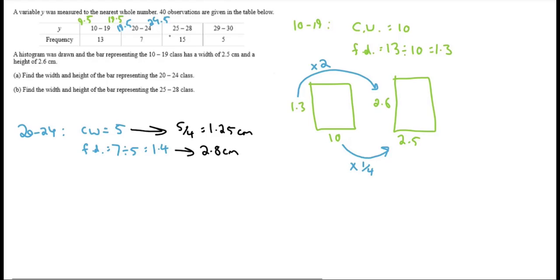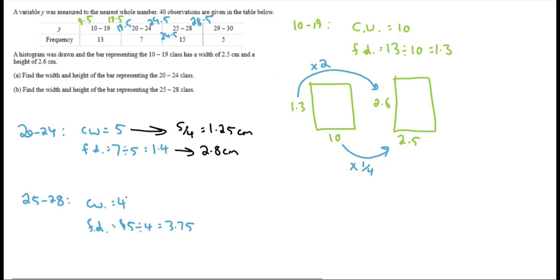As for this other one here, this would be the 24.5 up until 28.5. So for the 25 to 28 width, your class width is going to be 4, and therefore your frequency density is your 15 divided by the 4, which is going to give you 3.75.